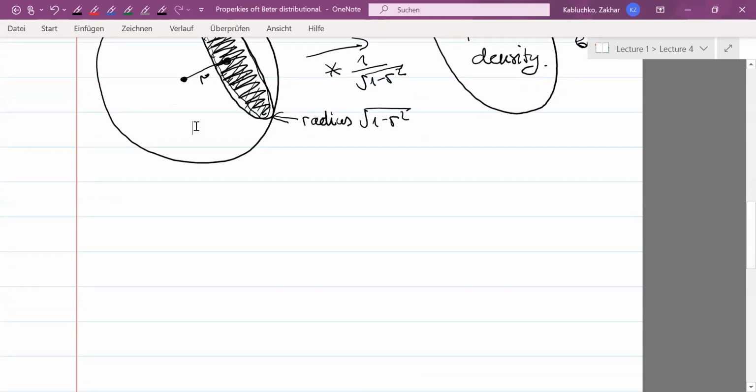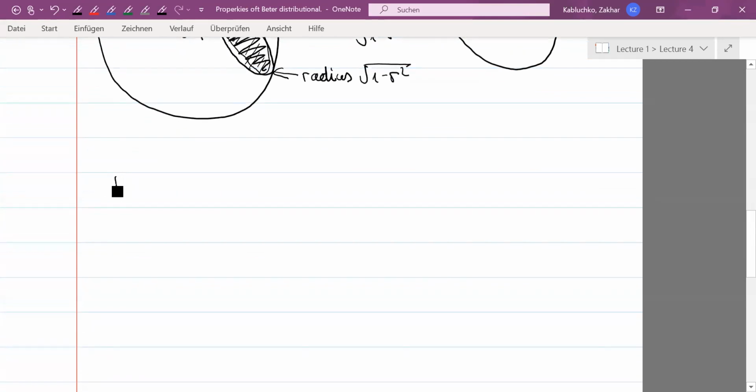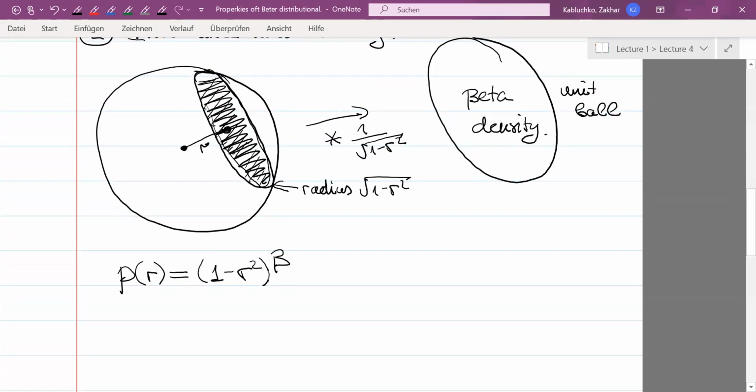Now, how to see it? Well, the beta density depends only on the distance to the origin. So I can take this function p, which is the dependence of the beta distribution on the distance to the origin.